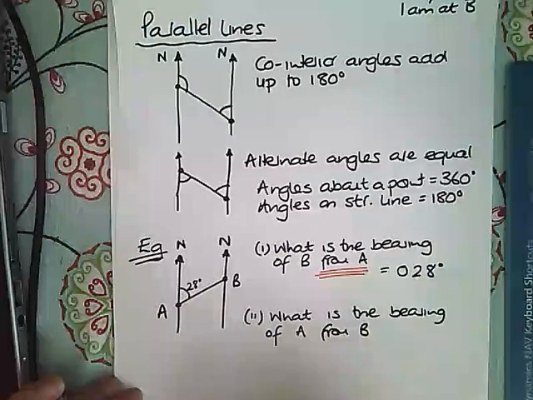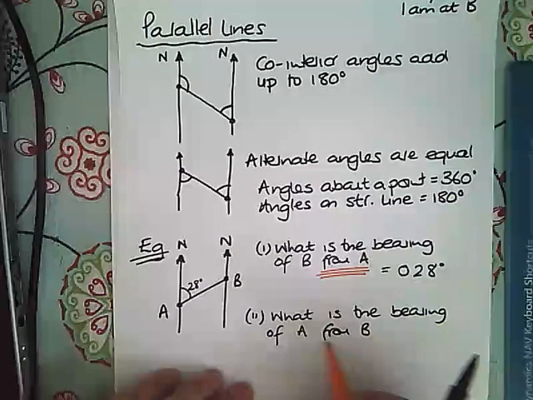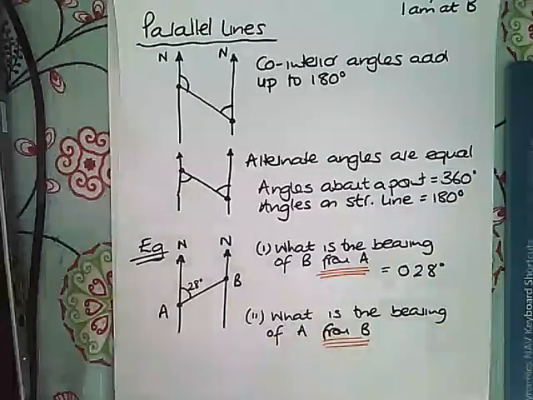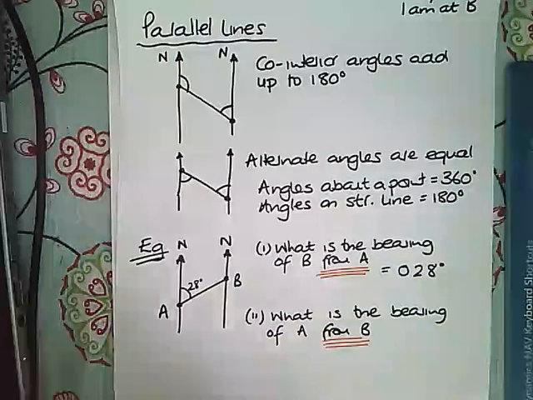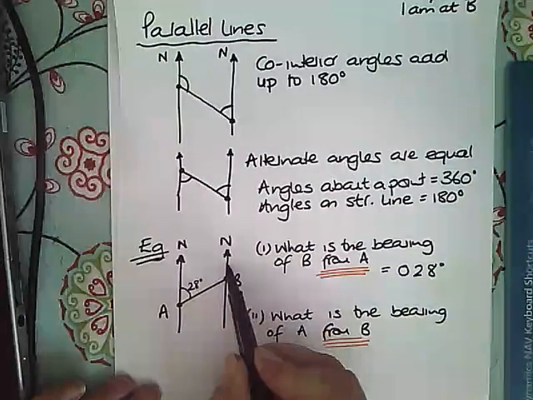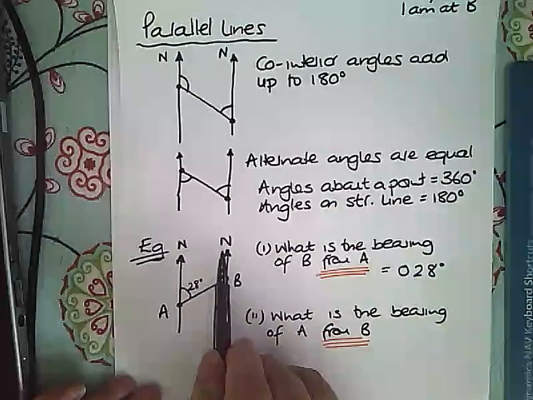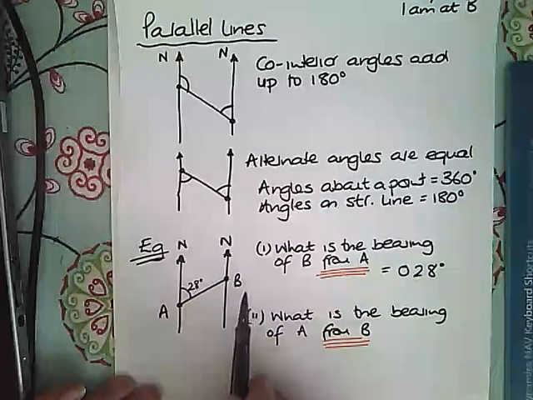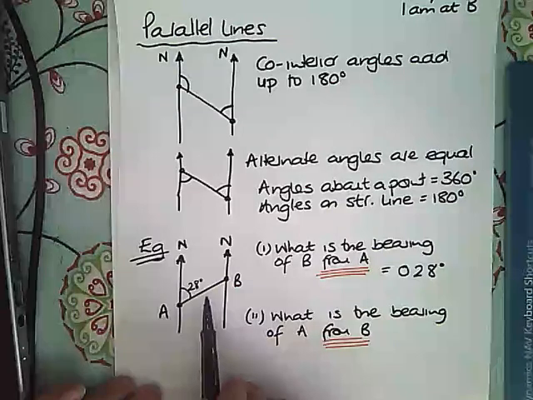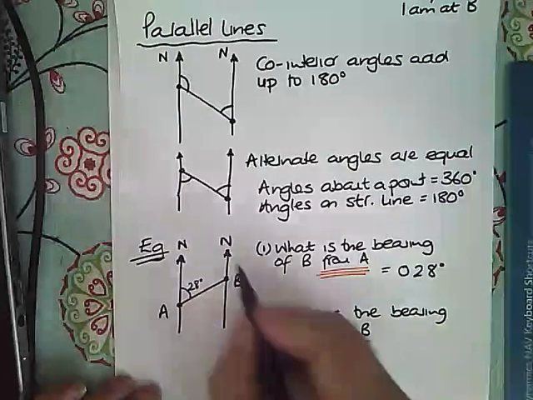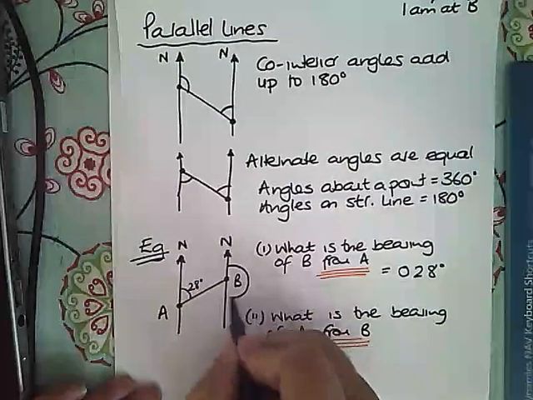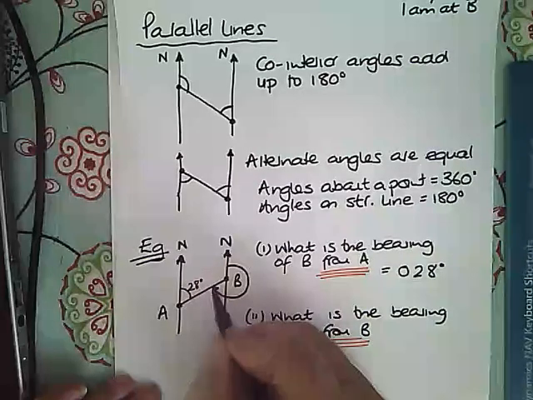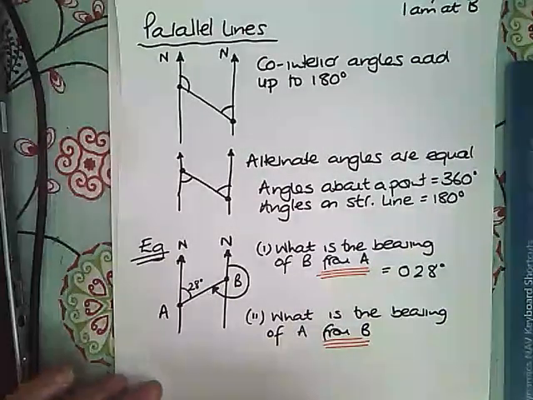On the second question, this time, again I highlight it, I am standing at B. So this time, if I'm standing at B and I'm facing north, I want to turn clockwise until I am facing towards A. So it is this angle going all the way around here that I need to identify as my bearing.